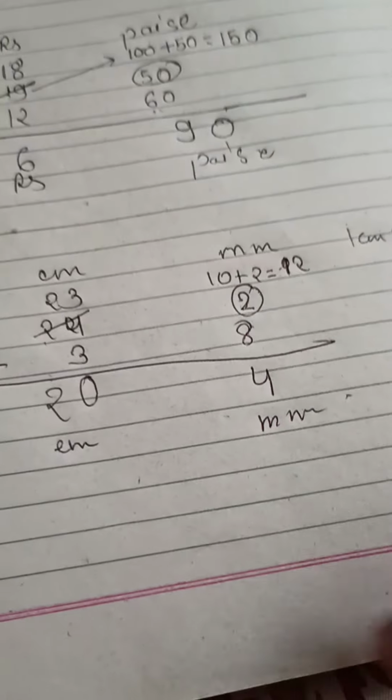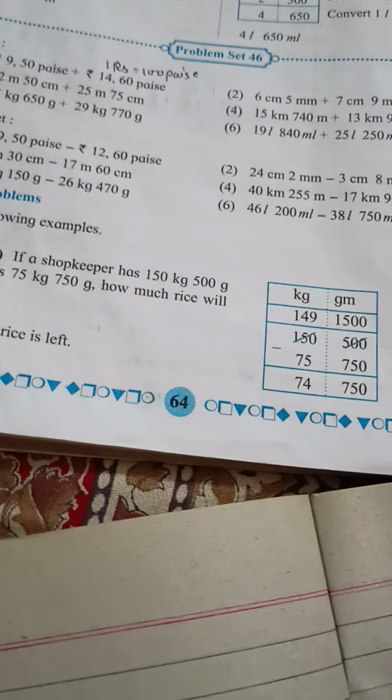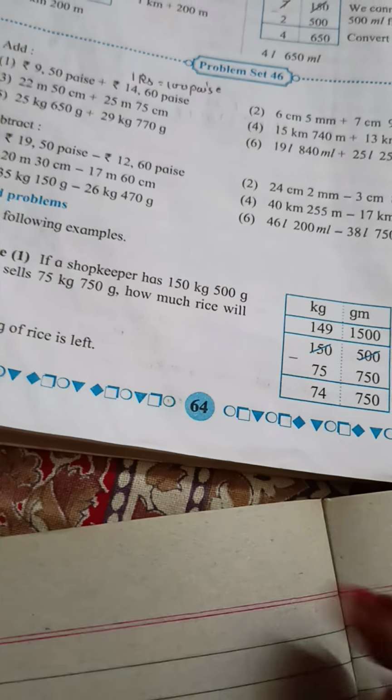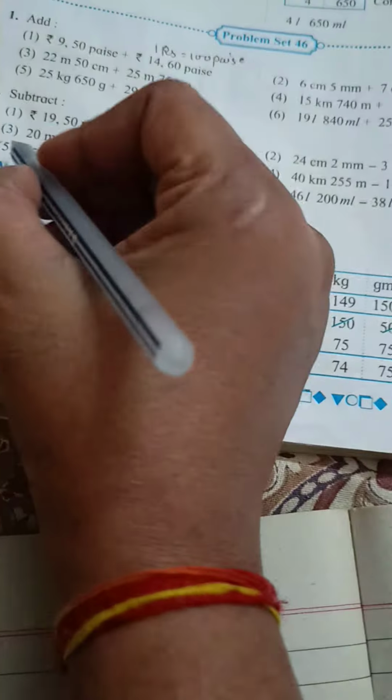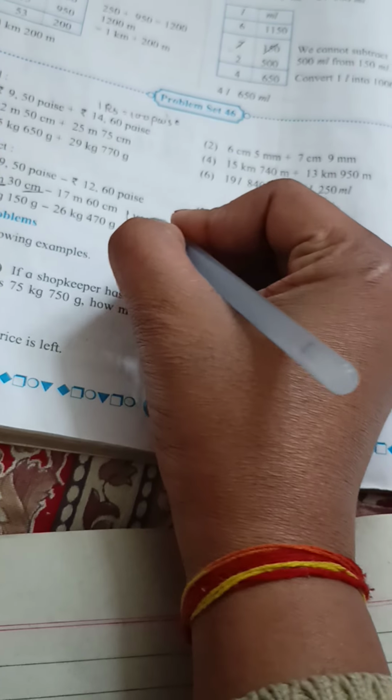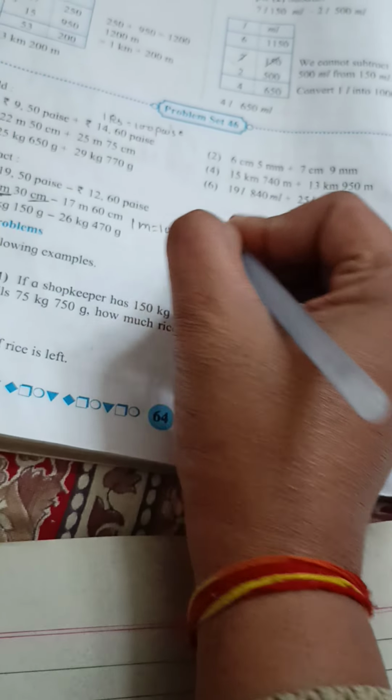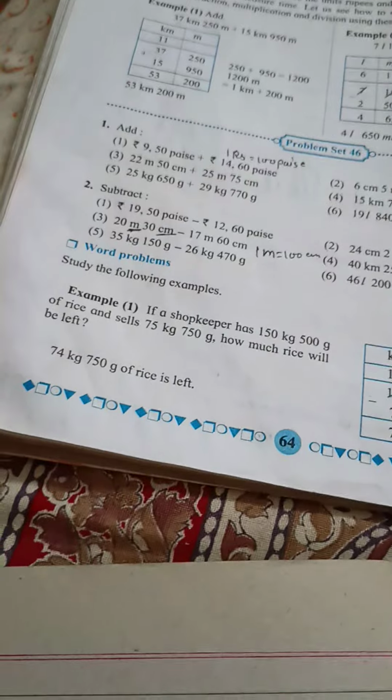Understood? Now question number third I will leave for you to solve. In question number third we have 2 units, meter and centimeter. 1 meter is equal to how much? 1 meter is equal to 100 centimeter. Just keep the units properly. So here it is meter, and here it is centimeter. One line we have to leave because we are doing subtraction.